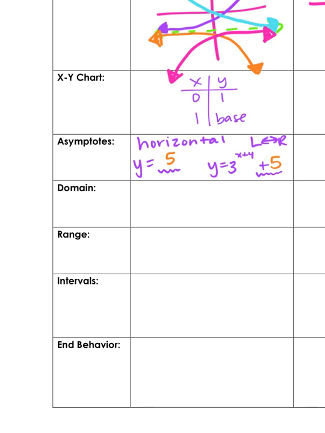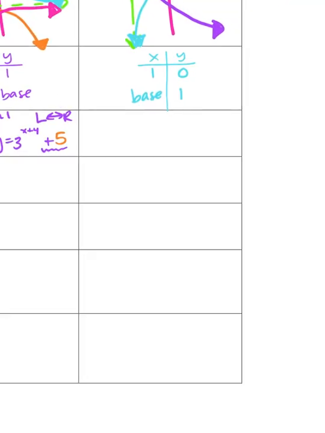Now for a log, we're going to have a vertical asymptote. It's going to go up and down.